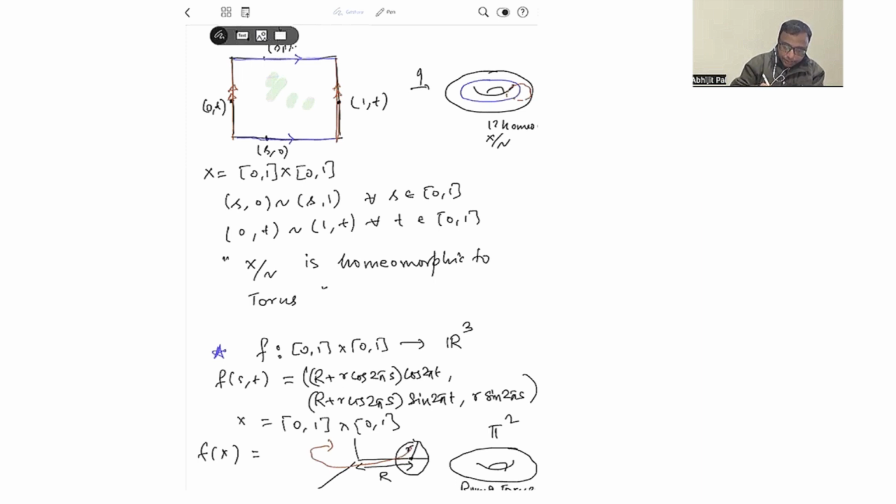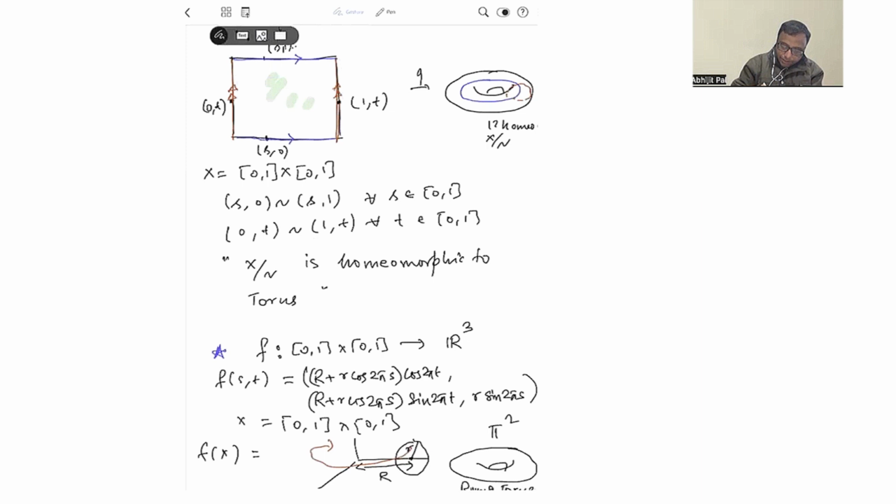In other words, we can define an equivalence relation on this square: (s,0) is identified with (s,1), and for the vertical sides, (0,t) is identified with (1,t).